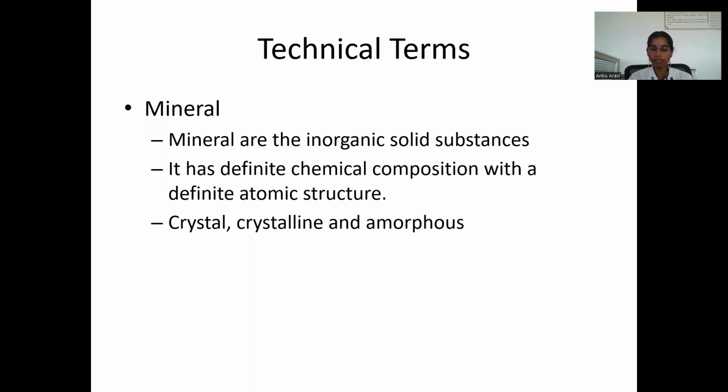Okay, minerals generally occur in states like crystalline and amorphous states. Crystal: a crystal is a solid having a definite internal atomic structure and a distinct external geometric form. That is called a crystal.